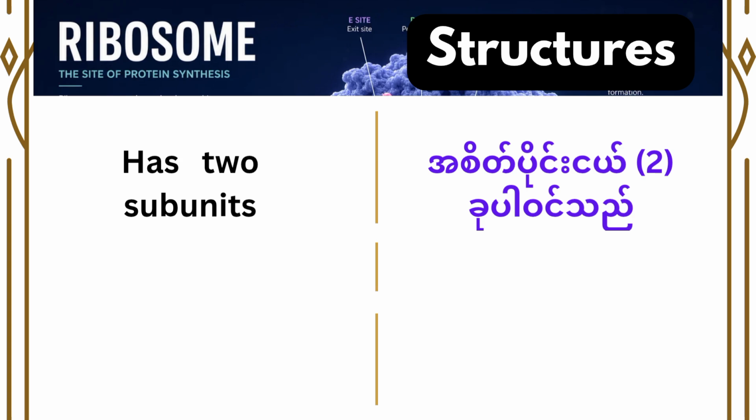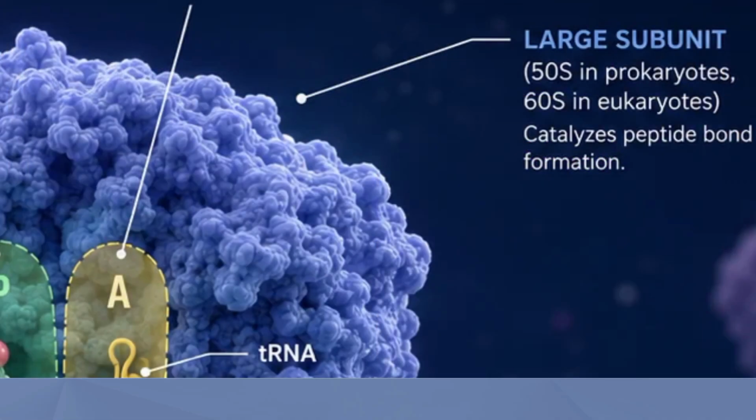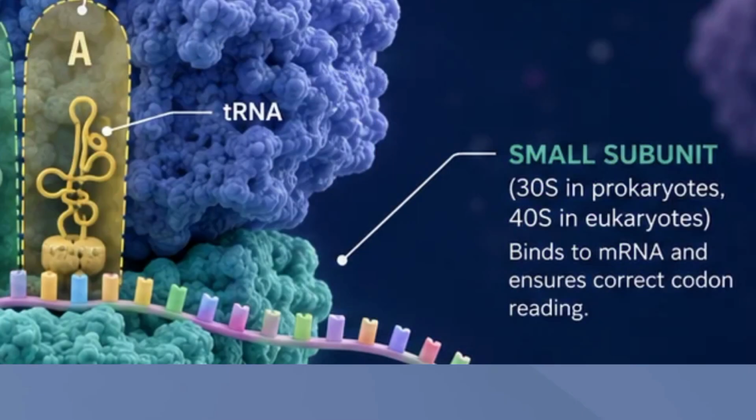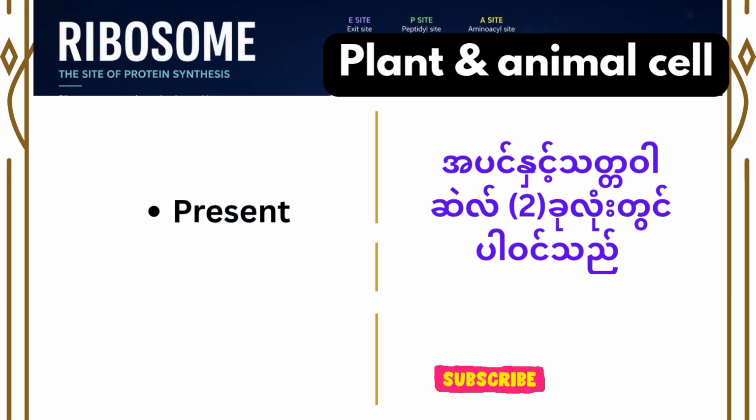Has two subunits. Functions: protein synthesis. Present in plant and animal cells.